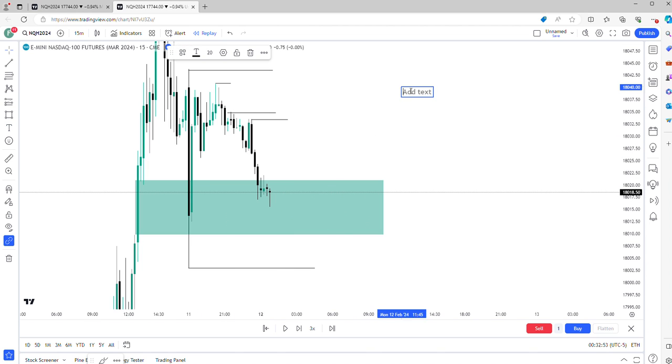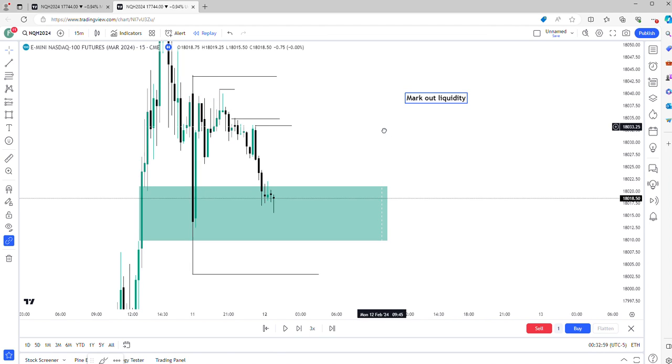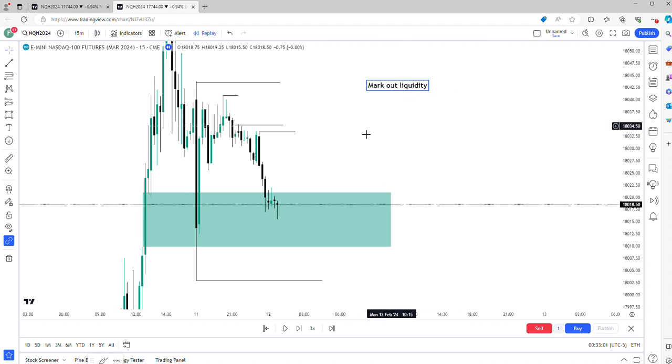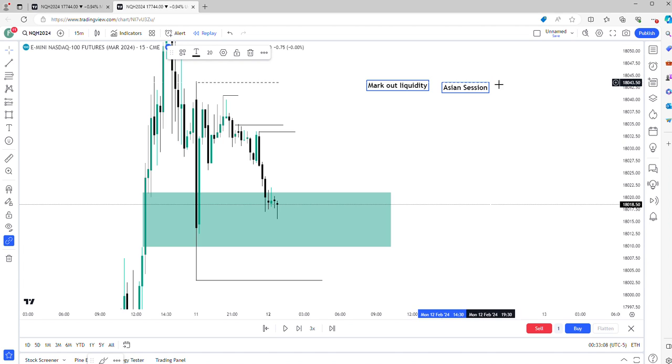So if you're writing notes, you're taking notes, again, you mark out liquidity on the 15-minute time frame, right? If you want to get even more specific in terms of what liquidity you want to mark out, you want to mark out the Asian session liquidity. Now, Asian session liquidity again is from 7 till 12.